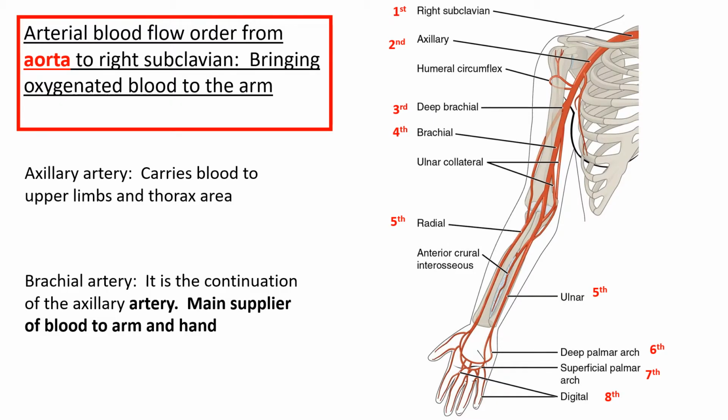All right, arterial blood flow order from the aorta to the right subclavian, bringing oxygenated blood to the arm. I put these numbers here for order and flow. When the oxygenated blood leaves the heart, going through the aorta, it first hits the subclavian artery.